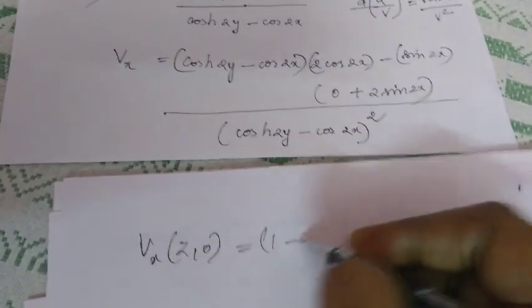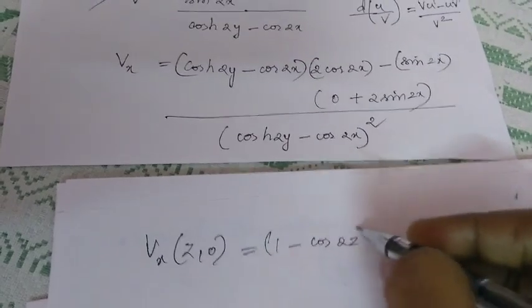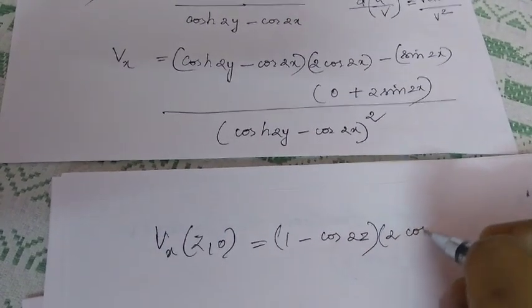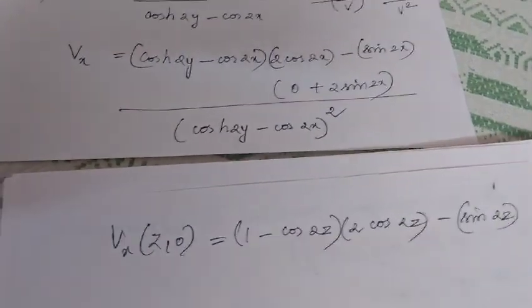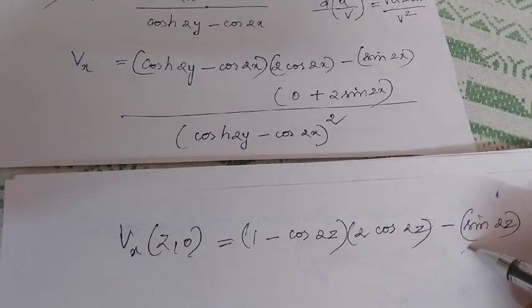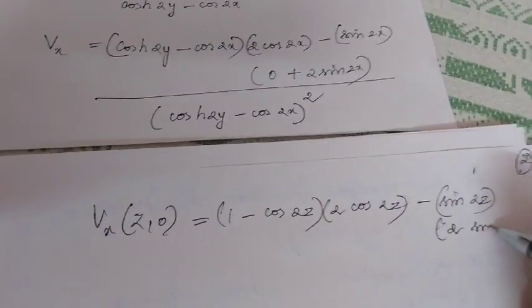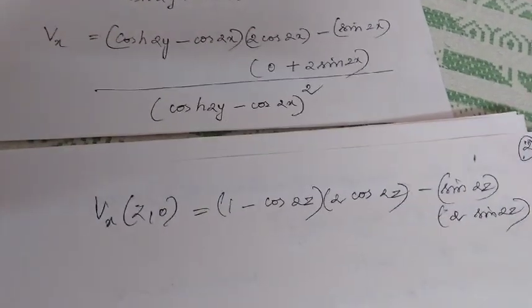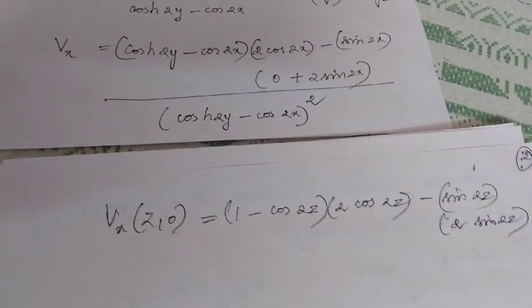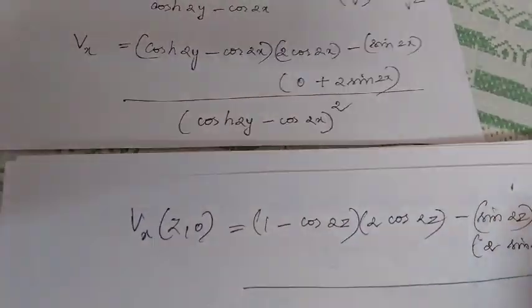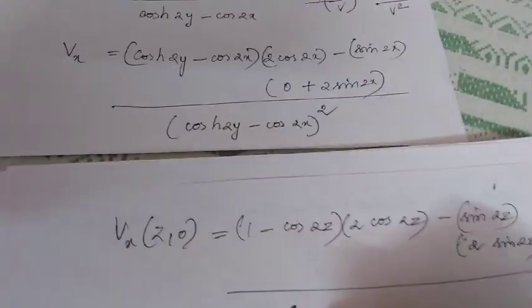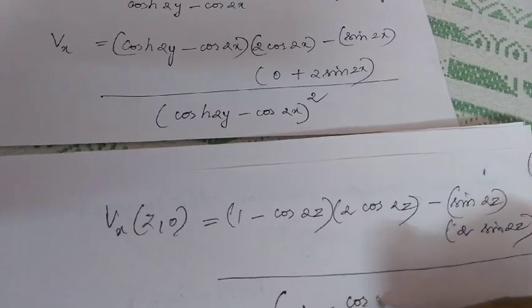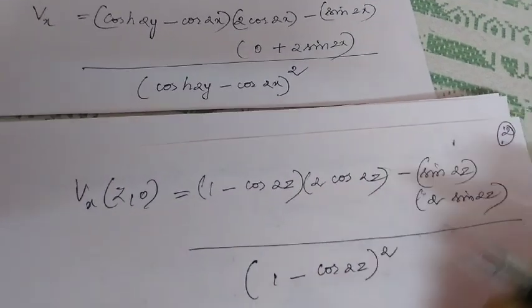Cos 0 is 1, minus cos 2z into 2 cos 2z, minus sin 2z into 2 sin 2z, divided by cos 0, here see this cos 0, it is 1, minus cos 2z whole square.